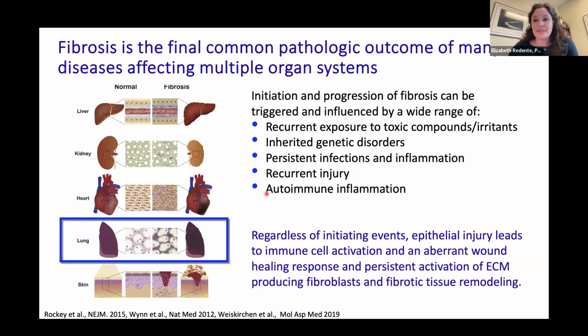But regardless of these initiating events, we believe that epithelial injury leads to immune cell activation and an eventual aberrant wound healing response, which in part is driven by this persistent activation of fibroblasts, which produce extracellular matrix and drive this tissue remodeling.